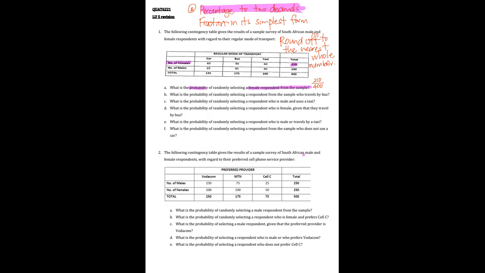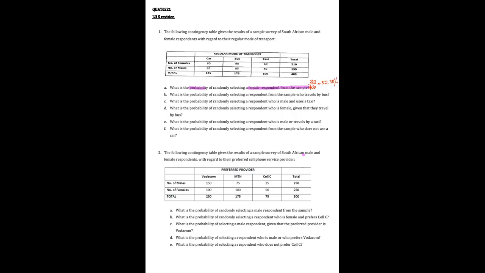So here for this question, we calculated 210 over 400, and when you convert that to a percentage, it would be 52.5%. Sorry, I'm squashing it up here, so let me leave more space. So it's 210 over 400, and that would be 52.5%. Okay, and that's question one done.